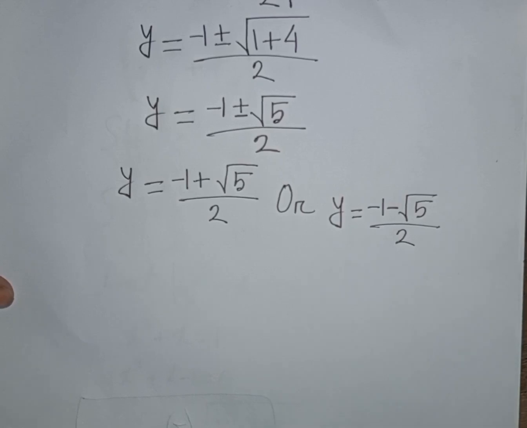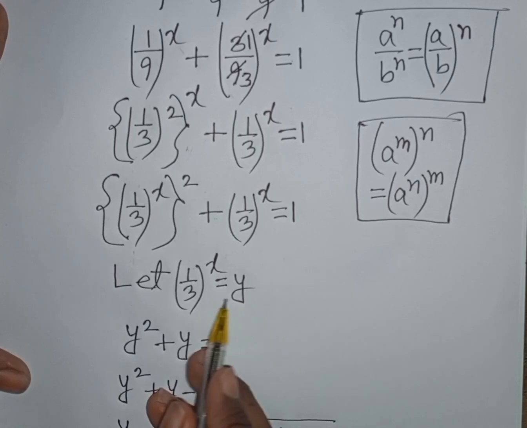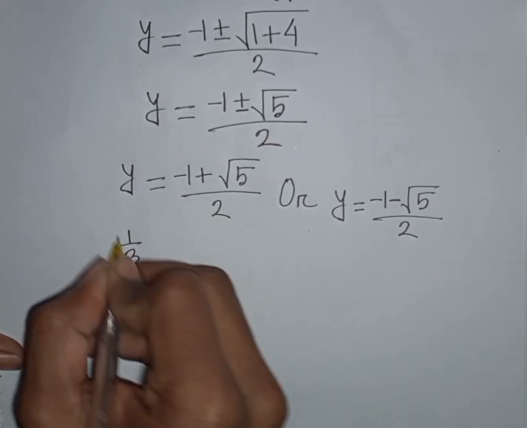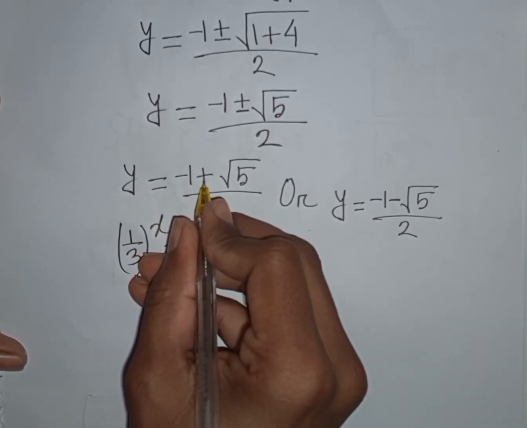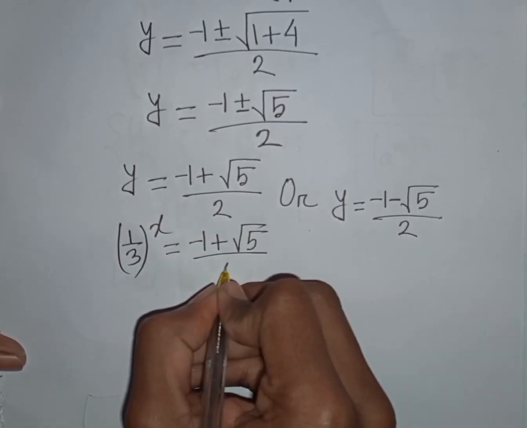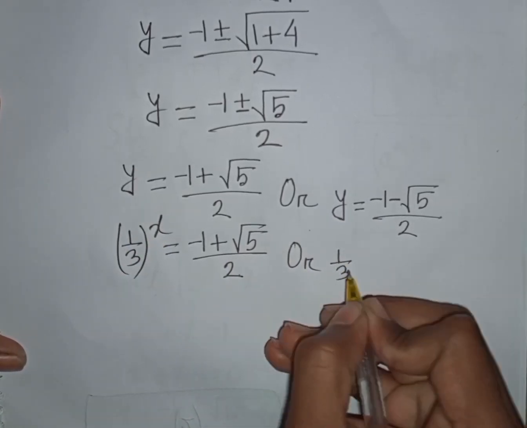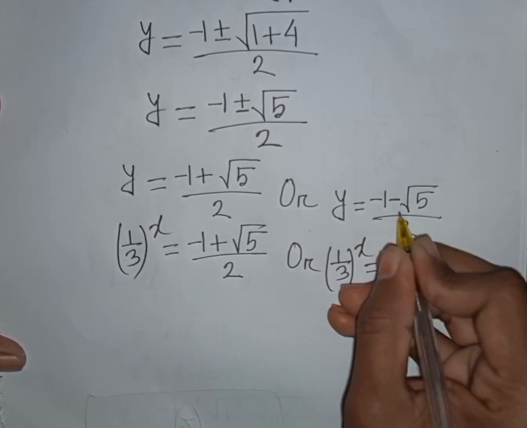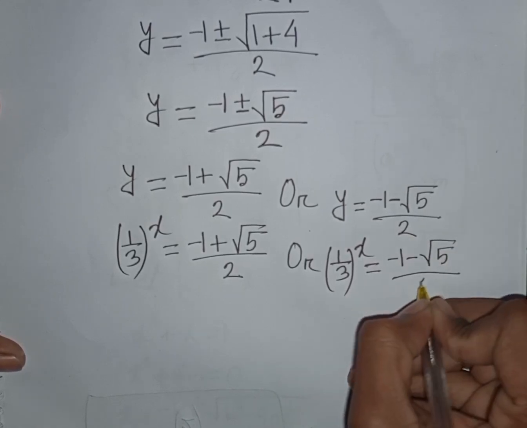Now remember that we let (1/3)^x be substituted by y. So y means (1/3)^x. So (1/3)^x is equal to (-1 + square root of 5) divided by 2, or y means (1/3)^x is equal to (-1 - square root of 5) divided by 2.